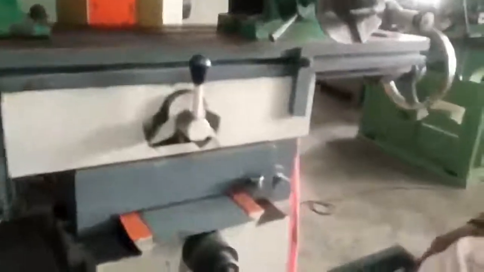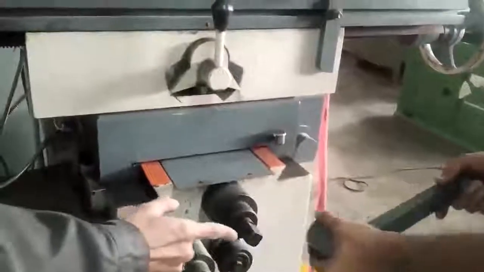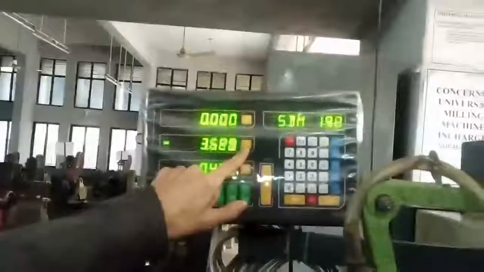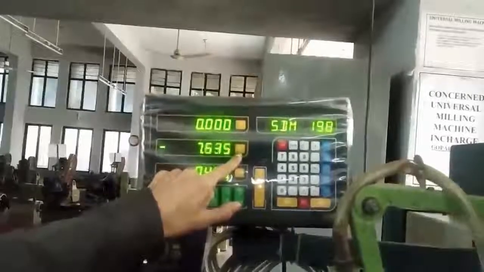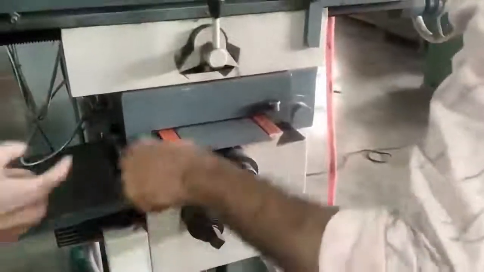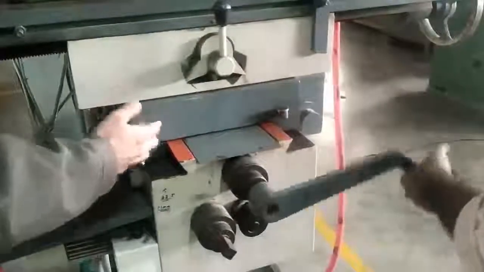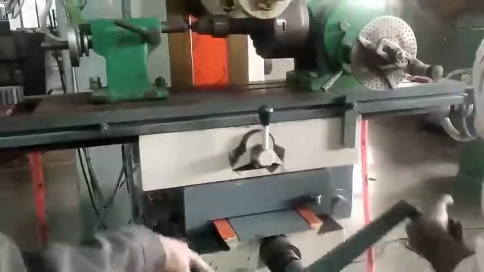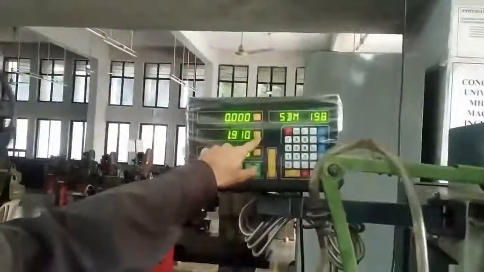The second type of movement we are going to provide by this handle. You can see on the display unit it is Y movement of this table, and it is moving in this direction. This table can move in this direction or in this direction. So that is crosswise movement, or movement in the Y direction.